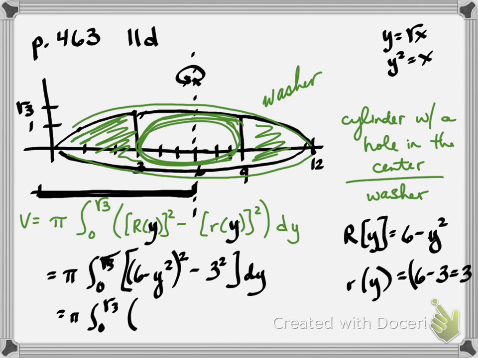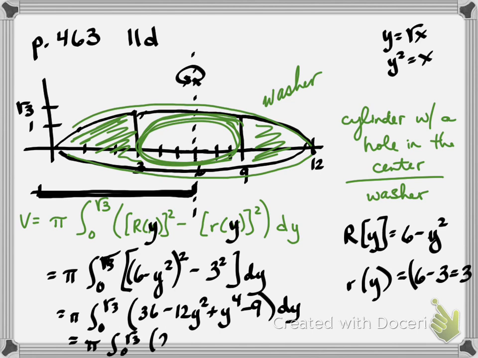So then we would just clean this up. We're going to square this and get 36 minus 12y squared plus y to the 4th minus 9 dy, pi, 0 to square root of 3. Excuse me, 27 minus 12y squared plus y to the 4th.